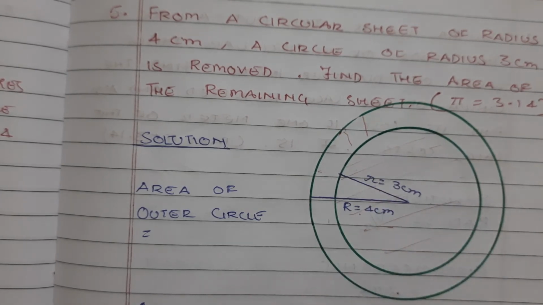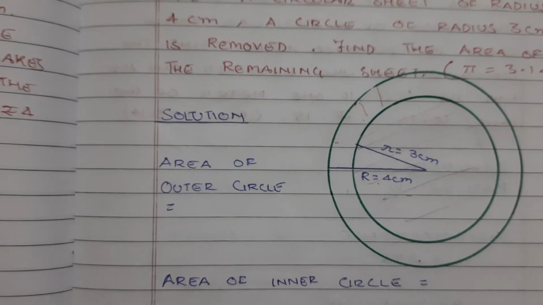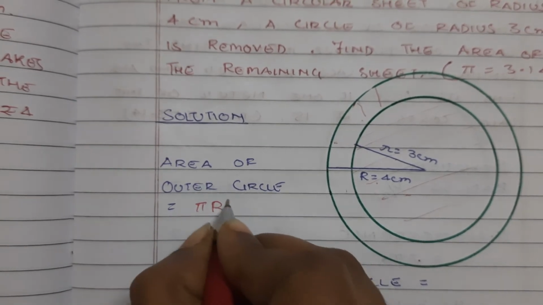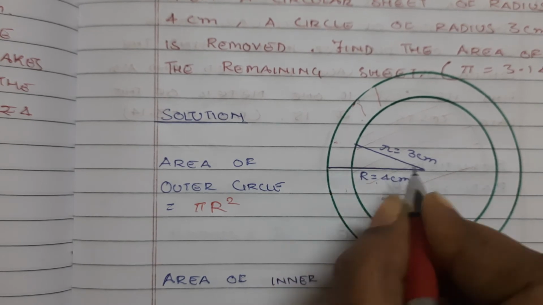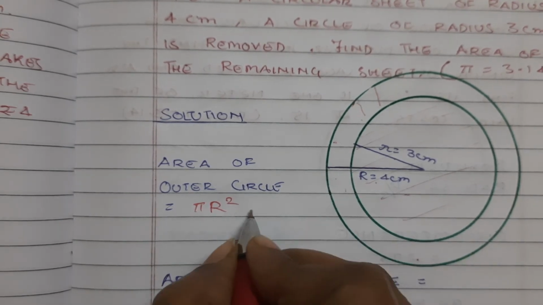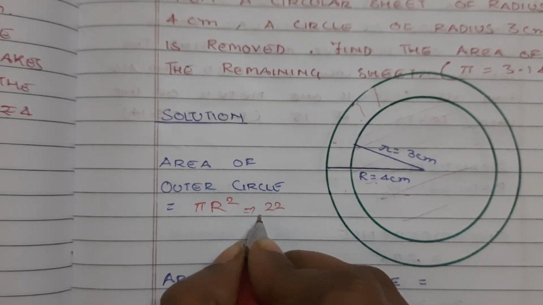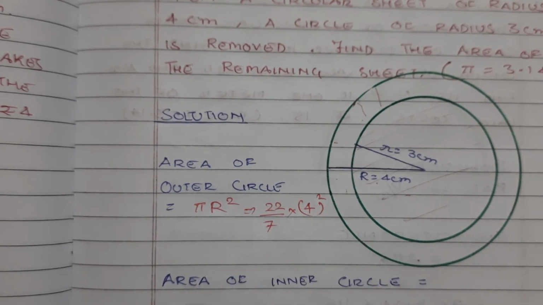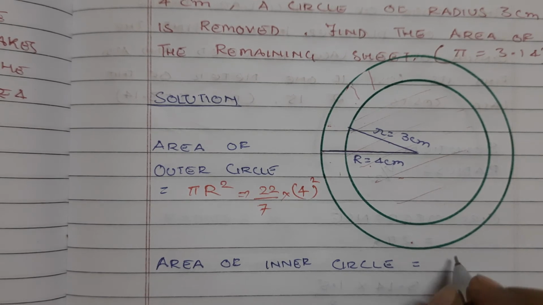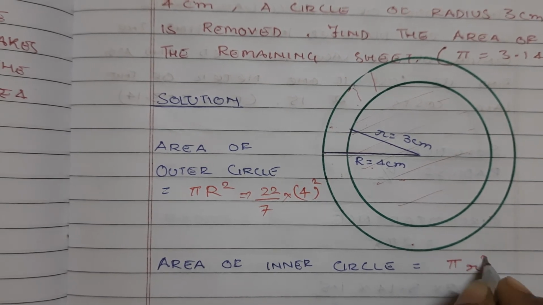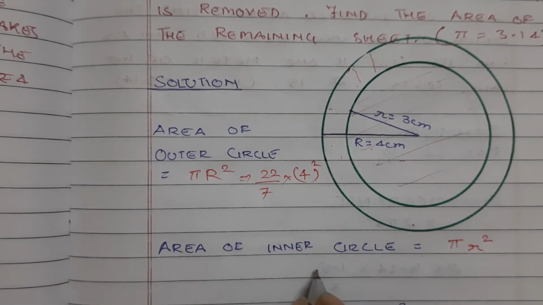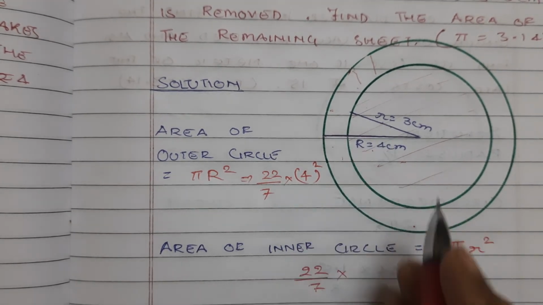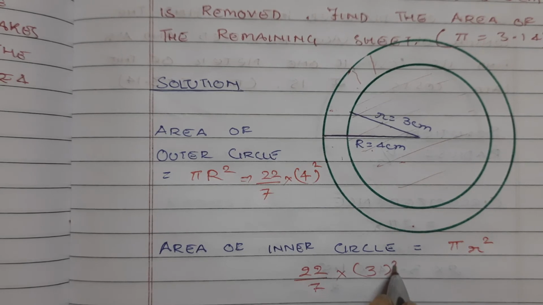So area of outer circle will be pi capital R square, as I have shown this, the bigger circle. Now it is 22 by 7 into 4 square. Okay, now for the inner circle it will be pi r square, area value is 22 by 7 into, now r is here 3 square.